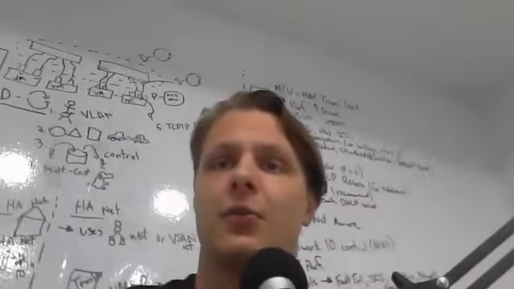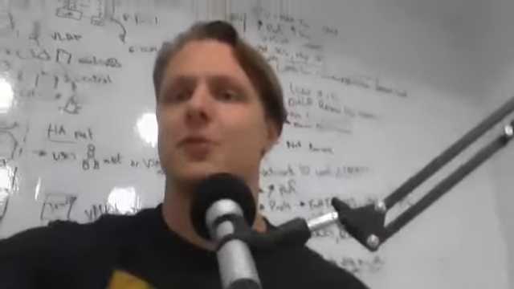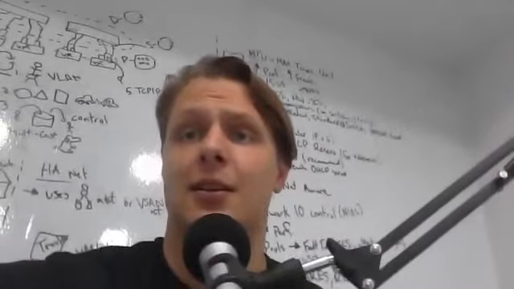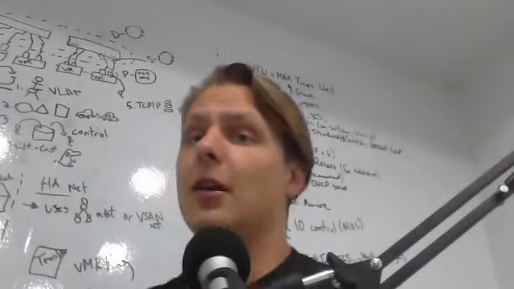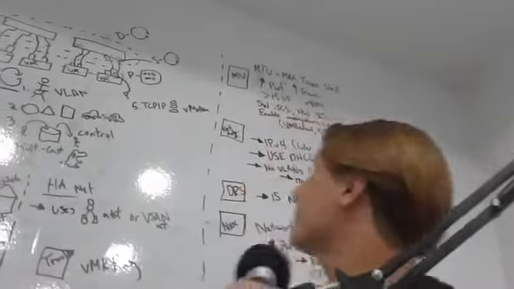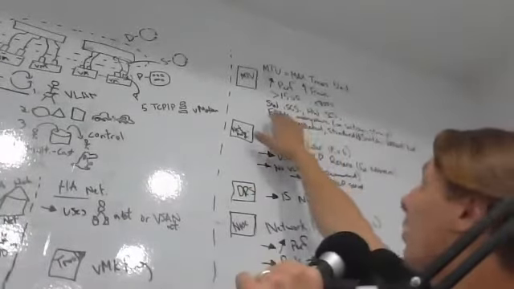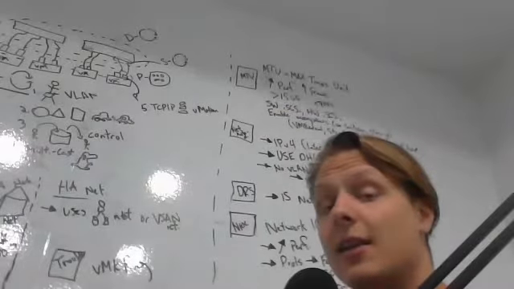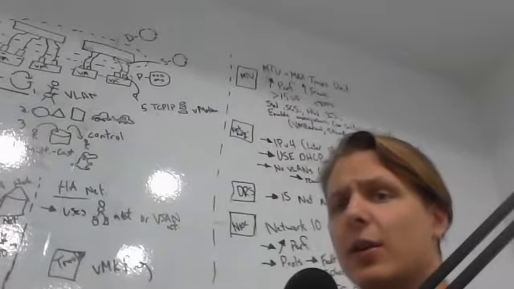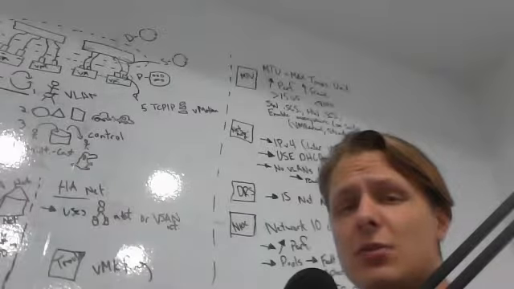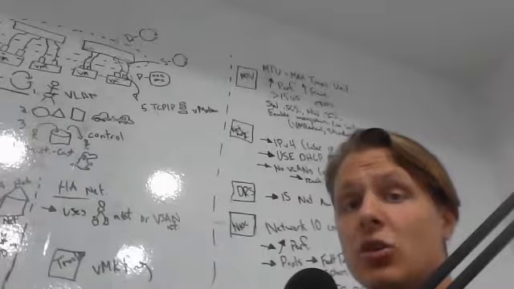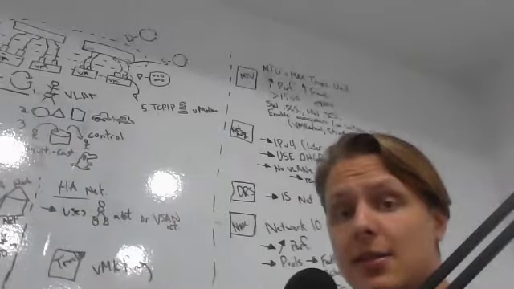Now we are on to the second half of this video, talking about networking. This is a beast. Networking is a pretty big subject here, but MTUs. This is an important concept to understand in vCenter networking. MTU stands for maximum transmission unit.